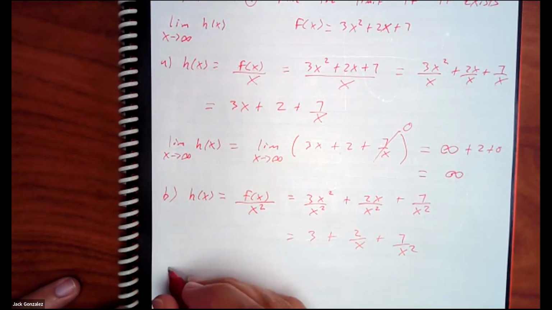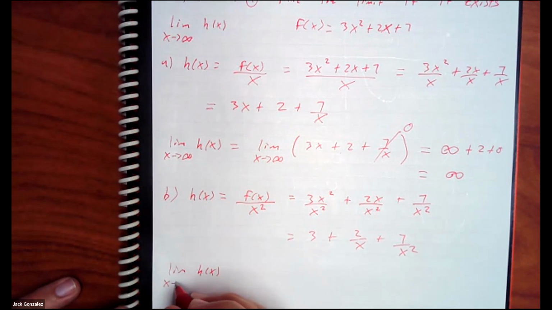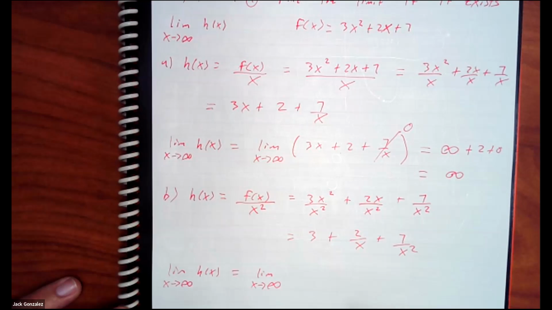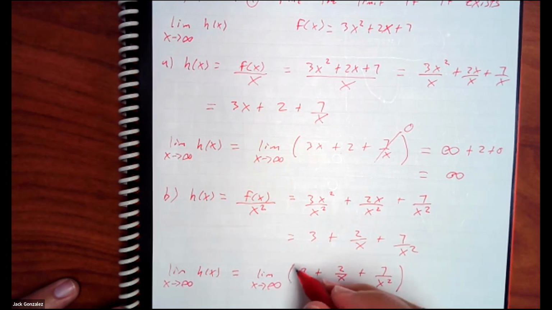So now just do the limit and see what happens. The limit as x goes to infinity for h will be 3 plus 2 over x plus 7 over x squared.